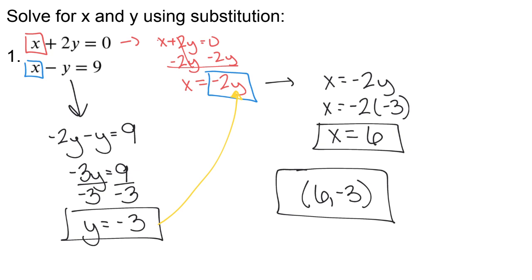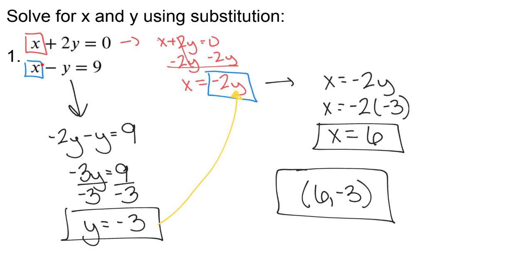Let's walk through that one more time. Your first job is to find a letter that you can get by itself. And so that's what we did here. We got x by itself. x is the same thing as negative 2y. Now we're going to take that information and put it back into the other one that we haven't used yet. You can't put it back into where you started. You've got to put it back in the other one.